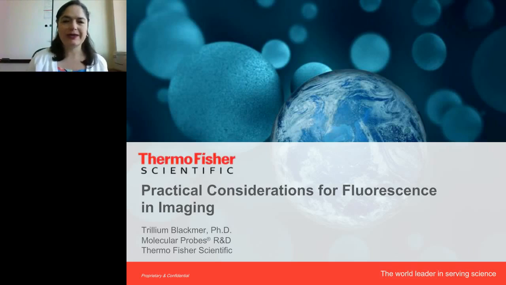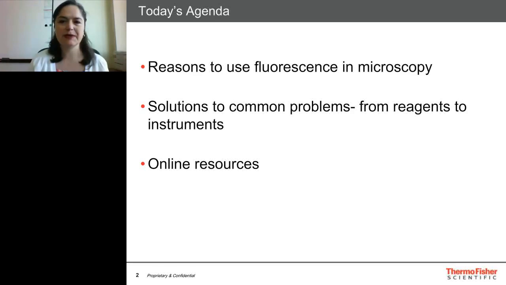Hello everyone and welcome. Today I am going to go over a few things you can do to improve your imaging experiments, and also tell you about some different reagents that can help in experimental design and in choosing what reagents you might want to use to ask your scientific questions.